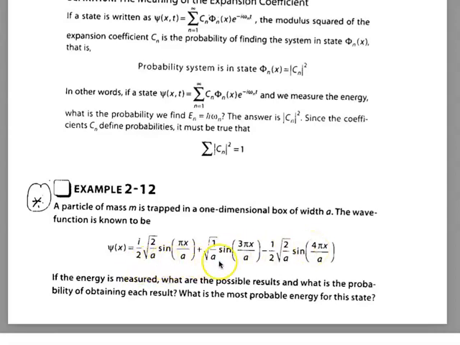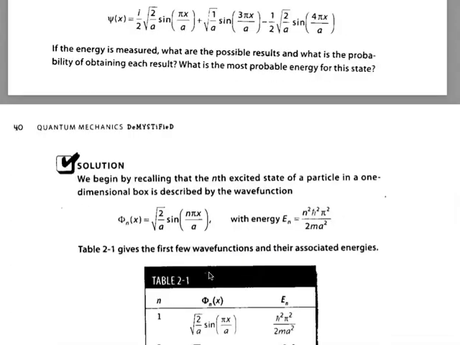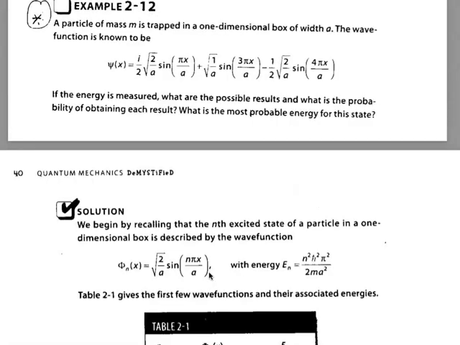Ostensibly, it should be a sum of these stationary states, which are the square root of 2 over a sine of whatever it should be. All these are normalized except for this one. So you have to handle the process to get the square root of 2 over a for this one, just as it is for that one. When you do that, you will see that the normalized states are in this manner.